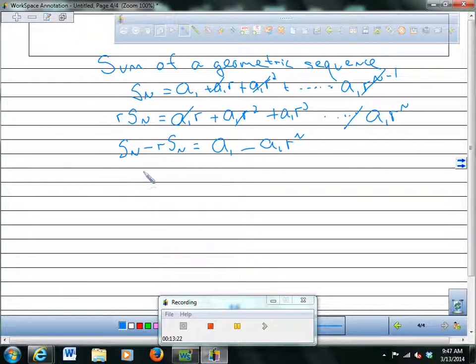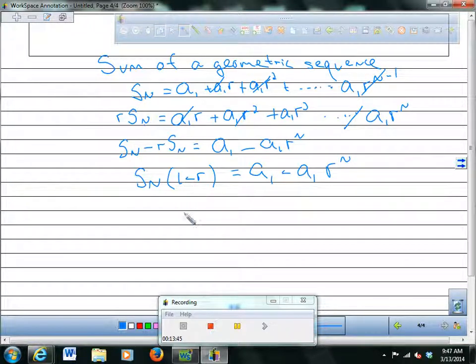And then what they do is they factor out an S sub n from here. S sub n times (1 minus r) equals a sub 1 minus a sub 1 r to the n.